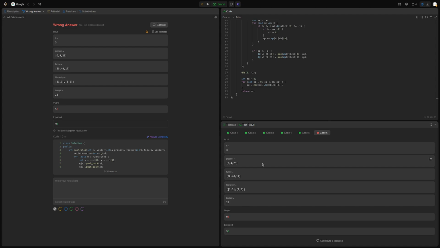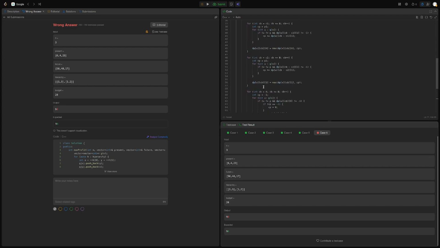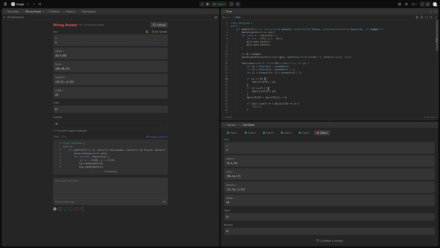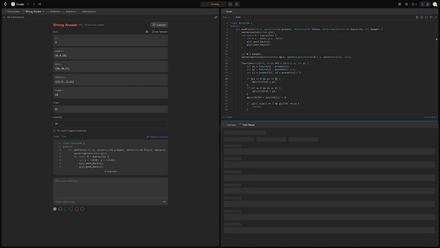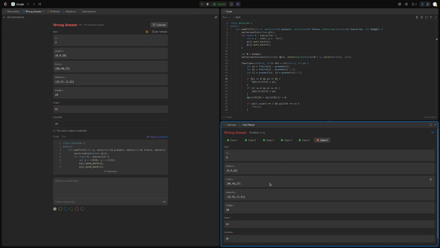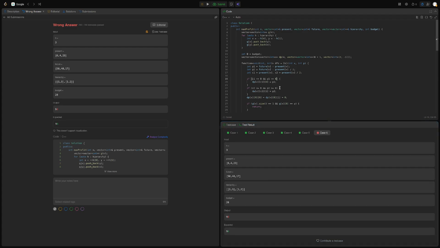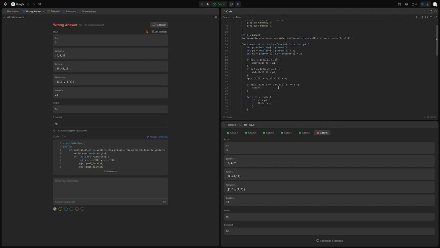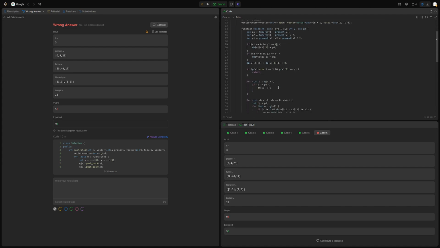Profit's gonna be 42 plus 44 plus, and B2 is over 0 and I'm actually outputting a less.